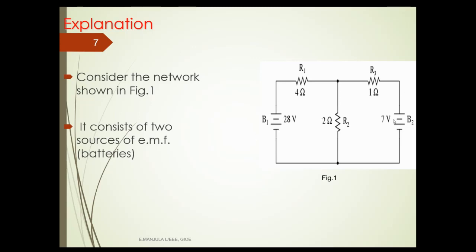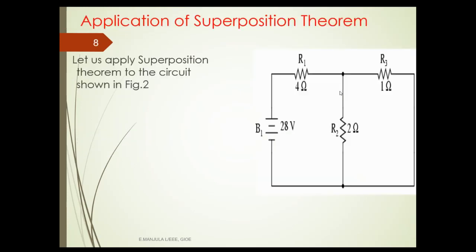By seeing this network, we cannot identify how much current is flowing through R2 and how much through R1. So here we will apply the superposition theorem. We will check how it works.